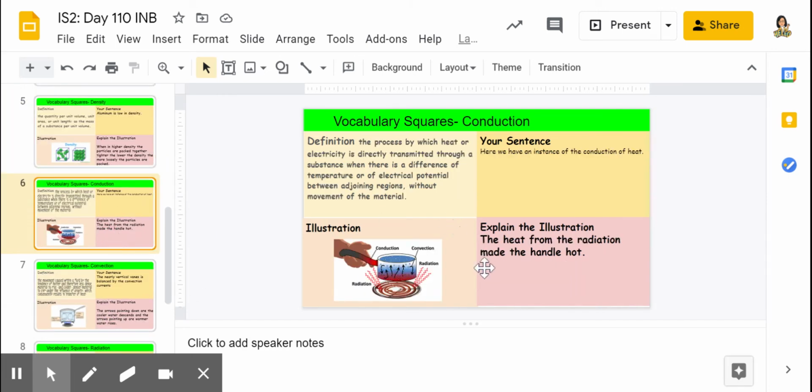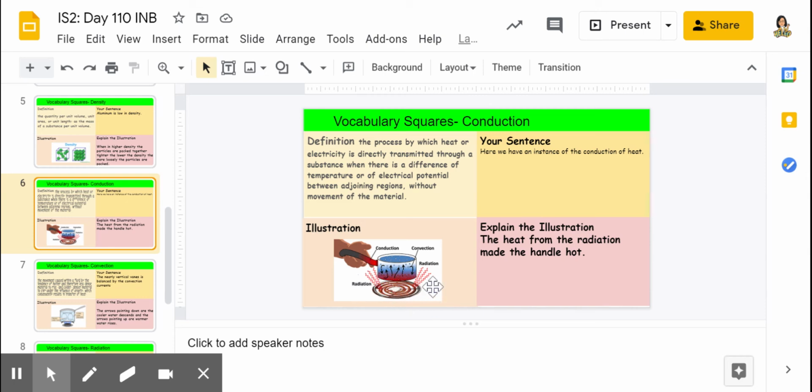The next one now is about conduction. So conduction is the process by which heat or electricity is directly transmitted to a substance when there is a difference of temperature or of electrical potential between the adjoining regions without movement of the material.